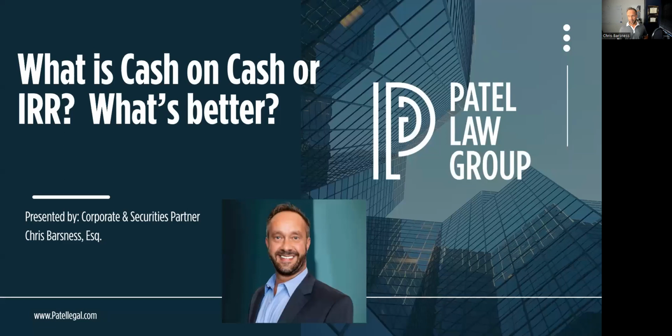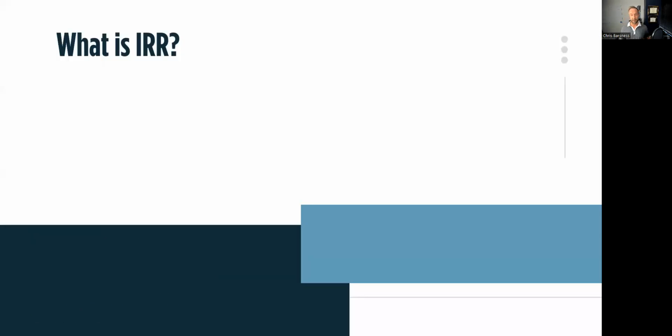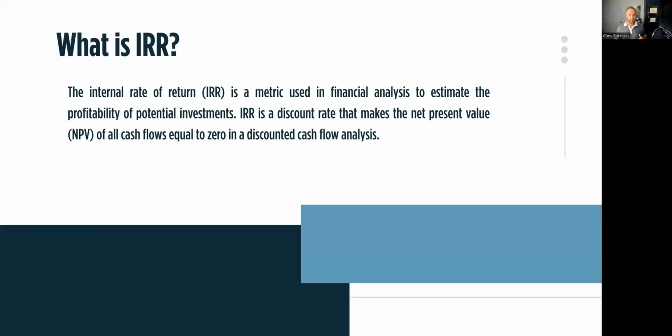All right, so cash on cash or IRR, what's better? Let's first look at what exactly these are. So what is IRR? It stands for internal rate of return, and it's basically a metric used in financial analysis to estimate the profitability of a potential investment.